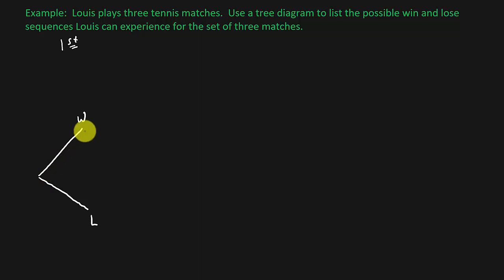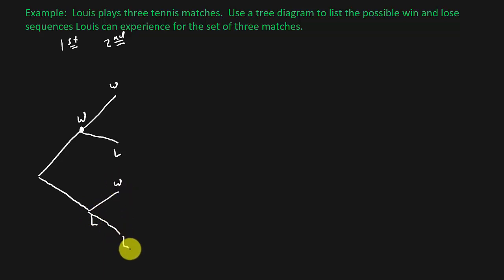So let's suppose he won the first match. Then for the second match, he's either going to win or lose it, win or a loss. And this is the second match. Well, instead of winning the first match, let's suppose he loses the first match. Then from here, he's either going to win or lose the second match.